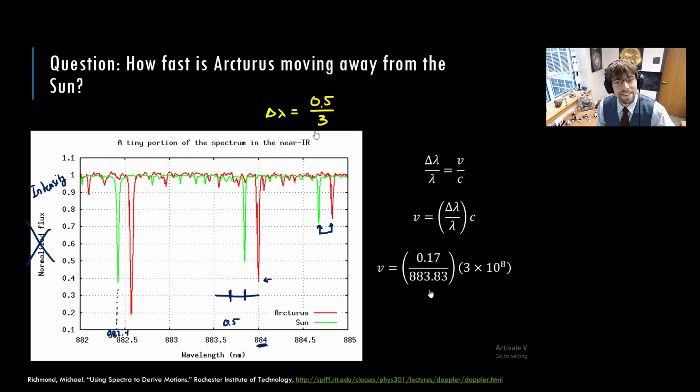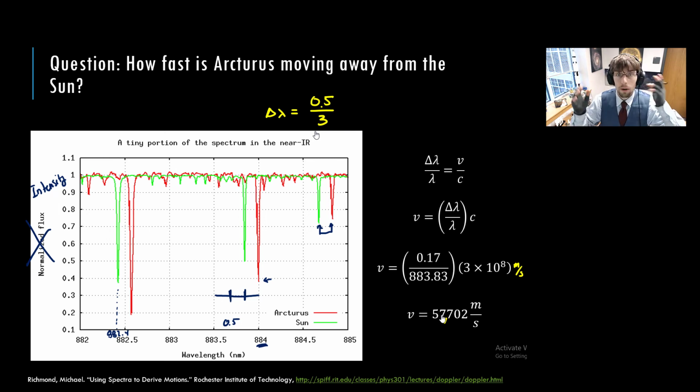And, of course, we have 3 times 10 to the 8th meters per second, the speed of light. Let's go ahead and crank it out. We get that with respect to our sun, Arcturus is moving at something like 57,000, almost 58,000 meters per second. About 58 kilometers a second.